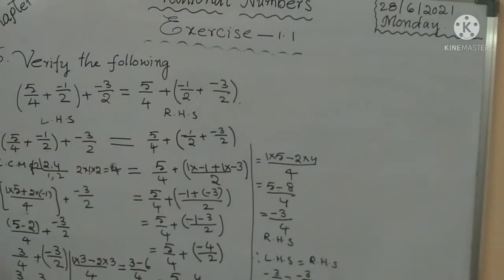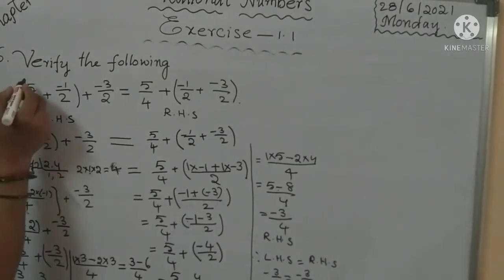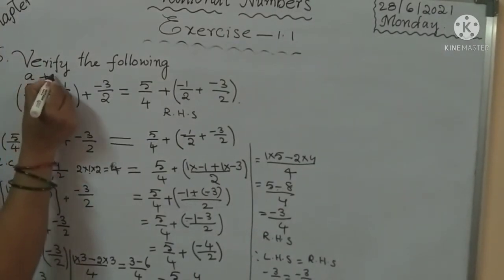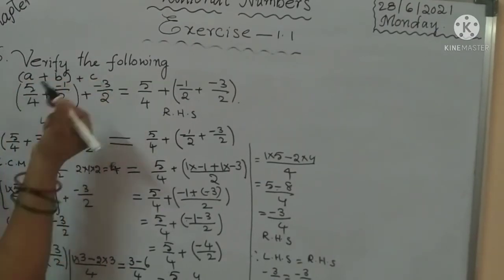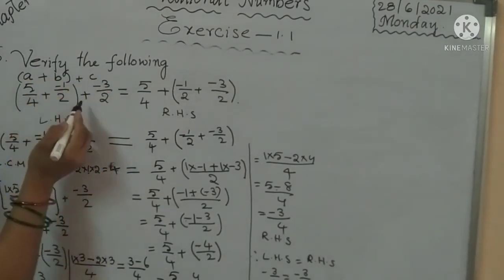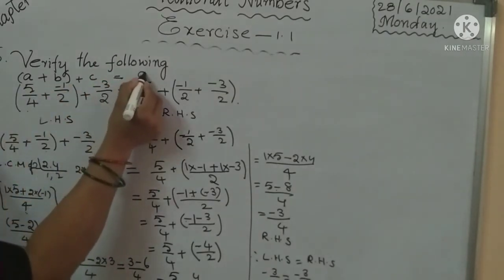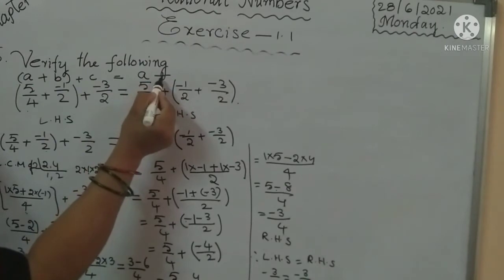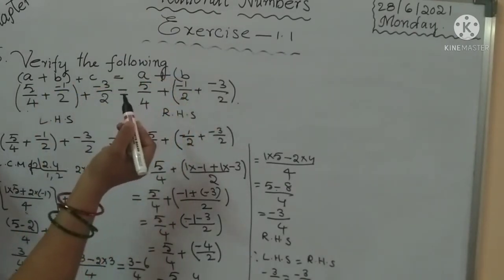Okay. At the same time, once observe that, children. So it is the equation A plus B, it is grouped, plus C. A plus B plus C is equal to, so here A is 5 by 4. So we should write A plus minus 1 by 2 is B. It is one group.